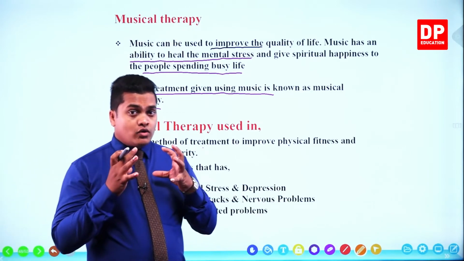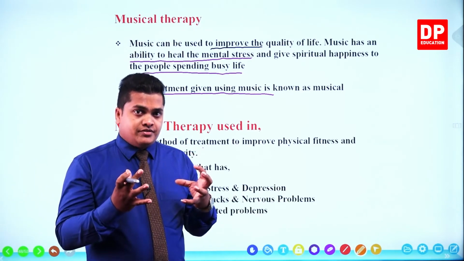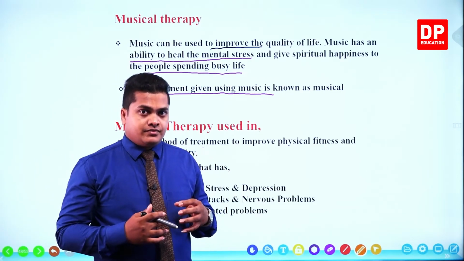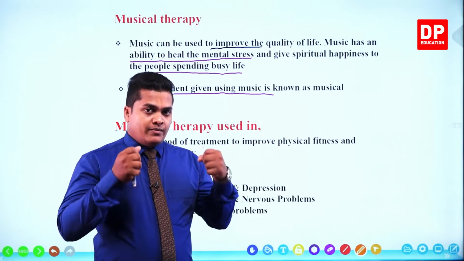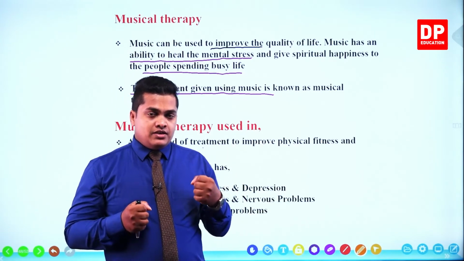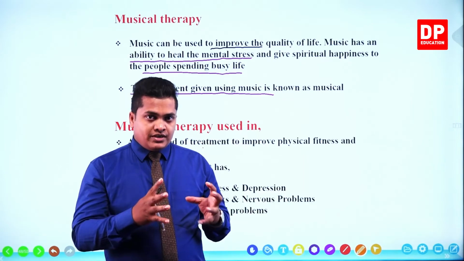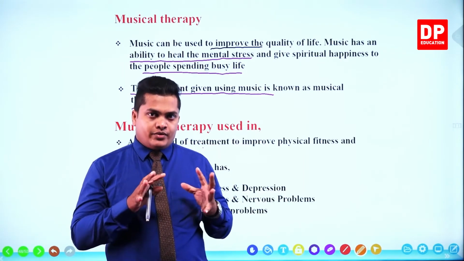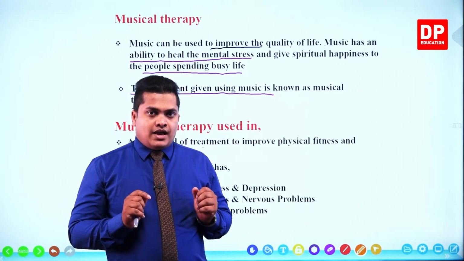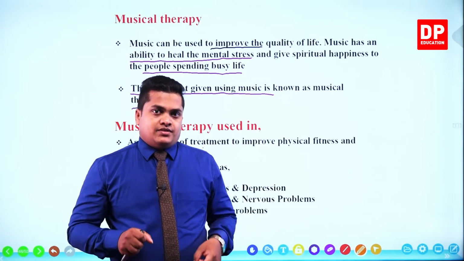Integrity means the focus, the concentration about a certain thing. Like in the earlier case, when people are driving and listen to music, they can focus very well on the road and about the driving process.